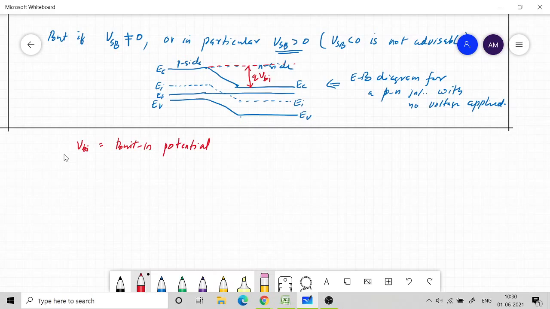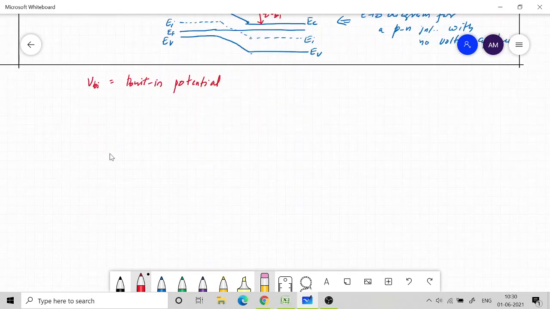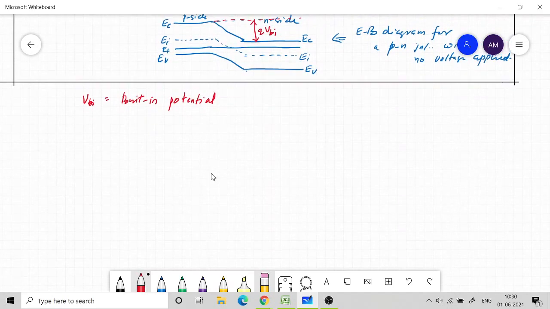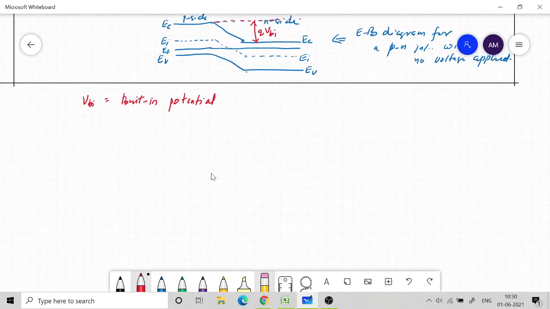But now if I apply a reverse bias, what is going to happen is that the Fermi level is going to shift. We are advised to apply a reverse bias.